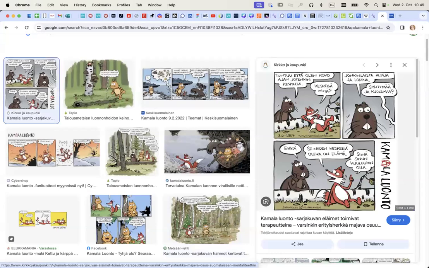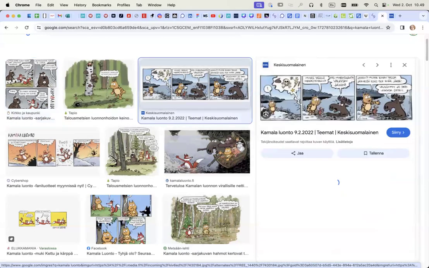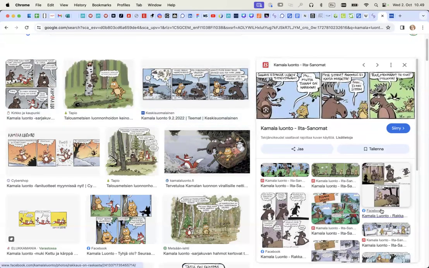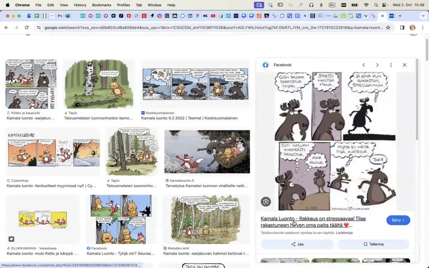And they all have their own personalities, of course, which are pretty distinct. There's also the elk character, who's fairly different from the others again. There we have him.